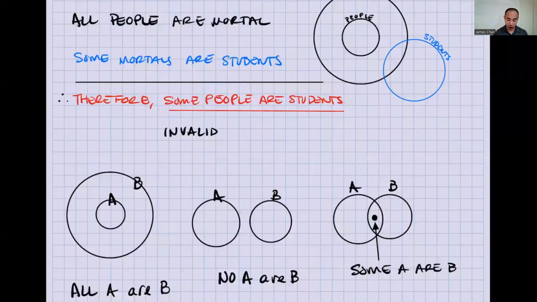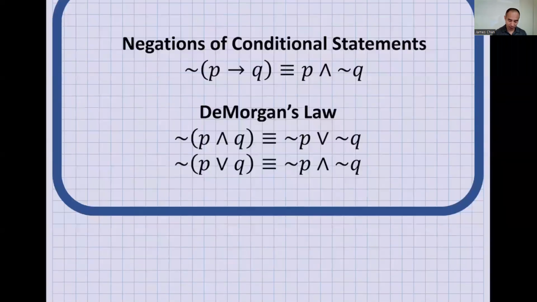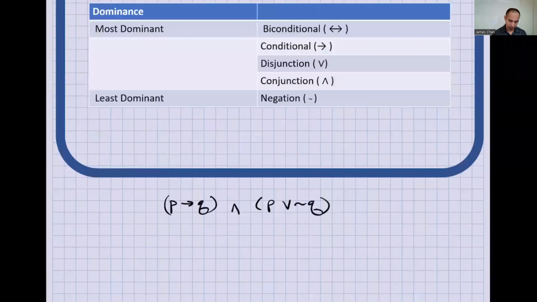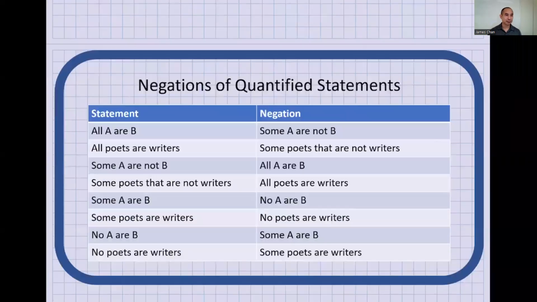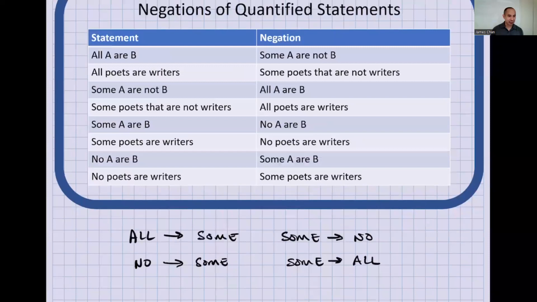So we can go up to the cheat sheet. Where's my cheat sheet? Oh, here it is. So it says some pianists are not human. Which one of these does it look like? Looks like this right here, right? So therefore the negation is all pianists are human.